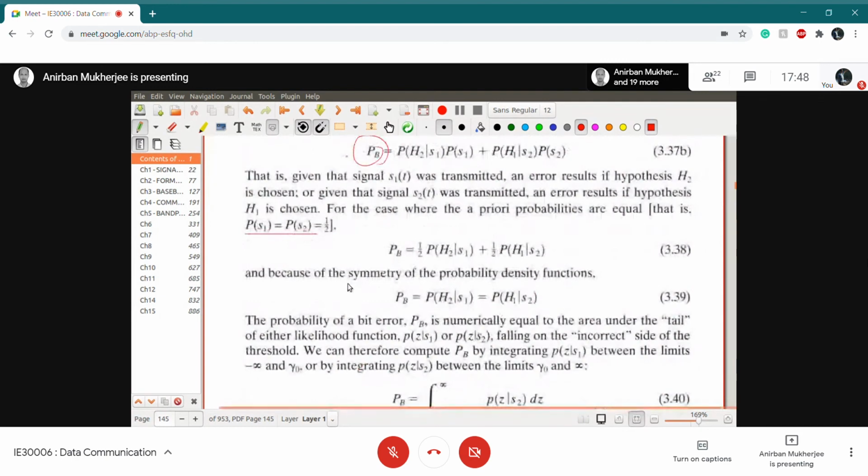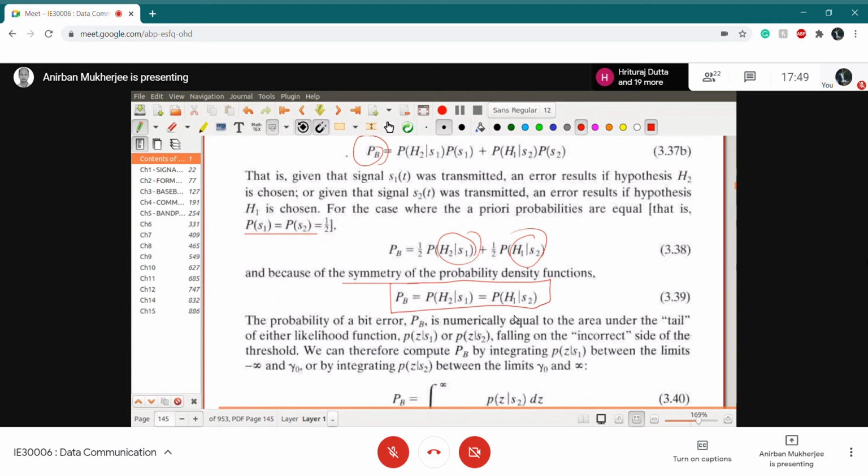As it is symmetric, PB equals, that means this term and this term are the same. So I have 1 into PH2 given S1, or PH1 given S2. That is the probability of bit error.